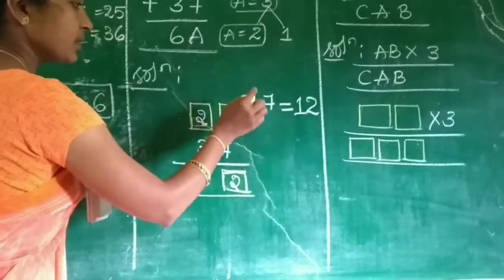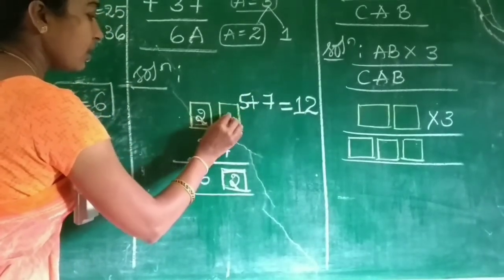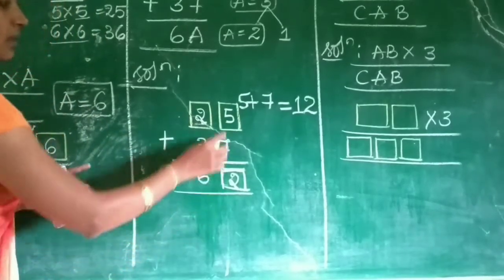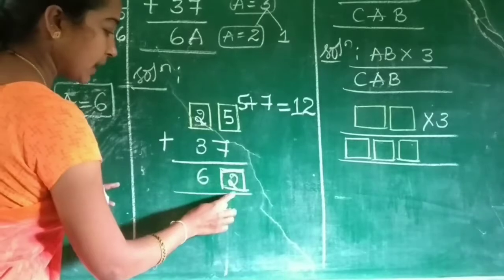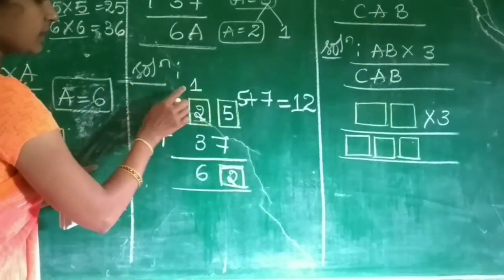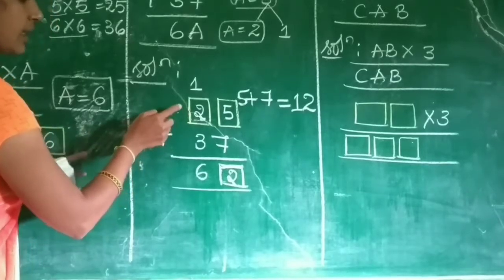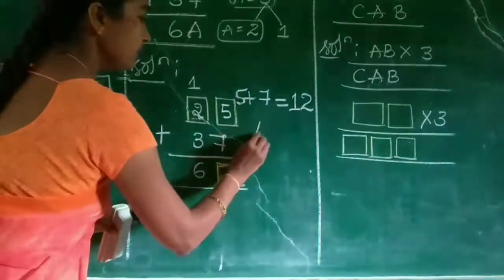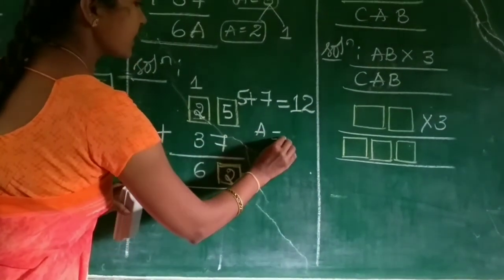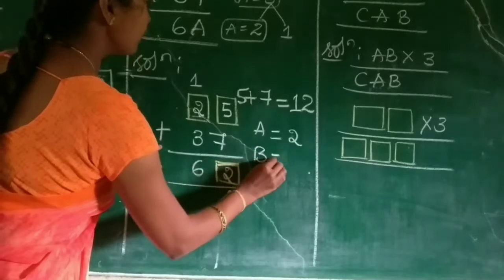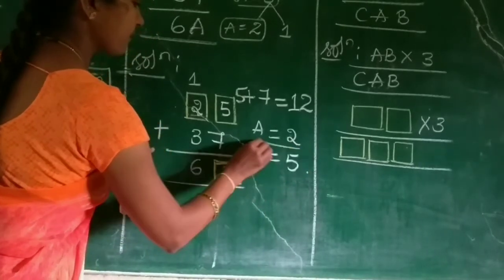Now substitute this 5 in place of B. Now let us check once again. 5 plus 7 becomes 12. 2 here. 1 is a carry here. 1 plus 2 is 3. 3 plus 3 becomes 6. Now for this problem, the value of A is how much? 2. The value of B is how much? 5.